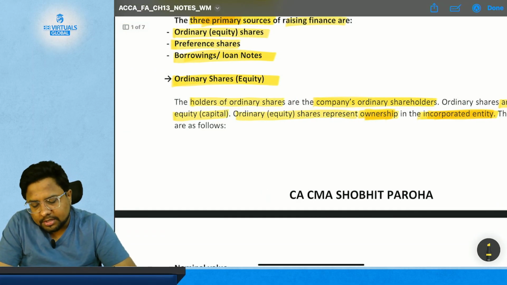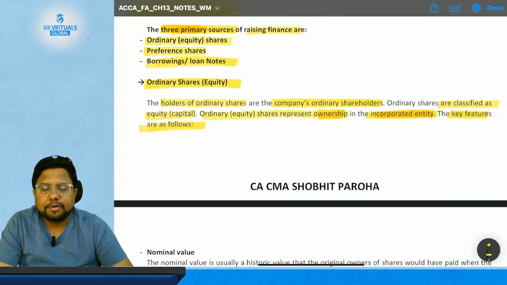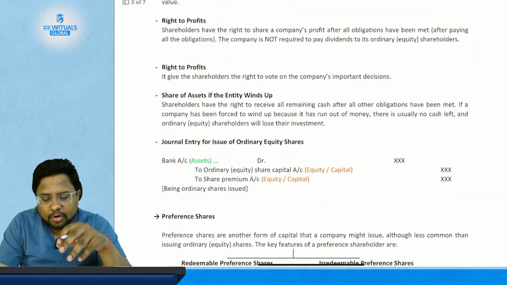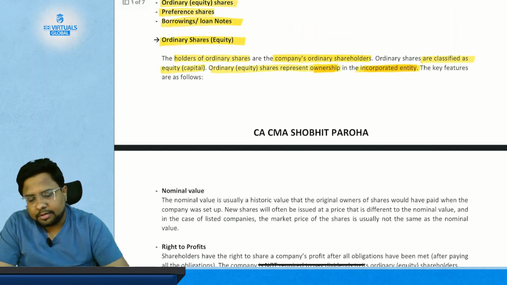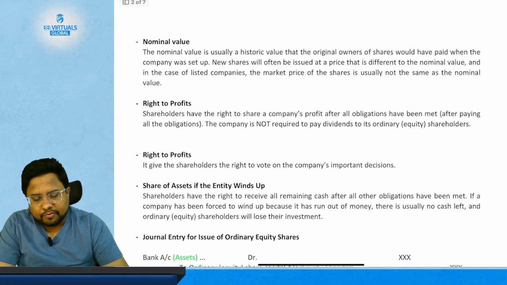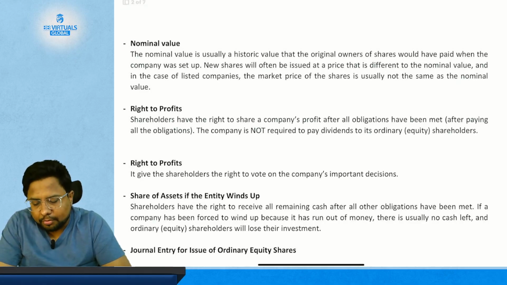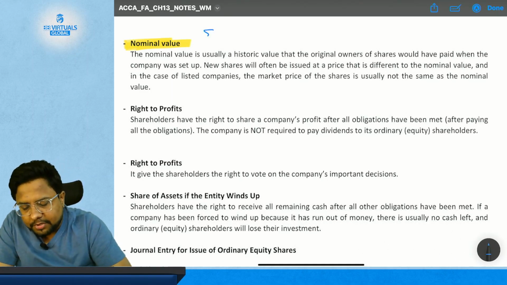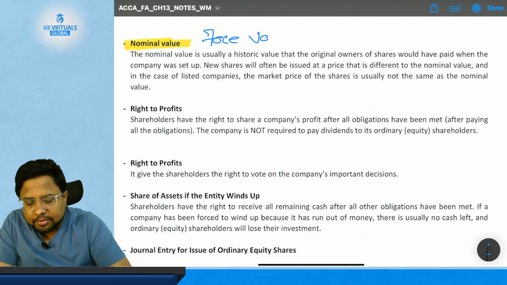The key features are as follows. First we have understood what an ordinary equity share is, then we need to understand its key features. The first feature is the nominal value, or you can say the face value.